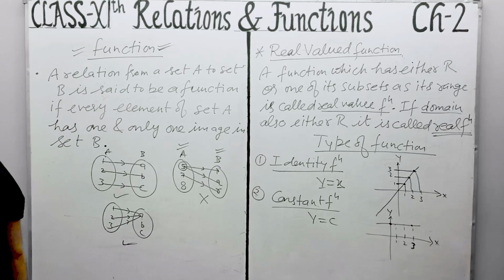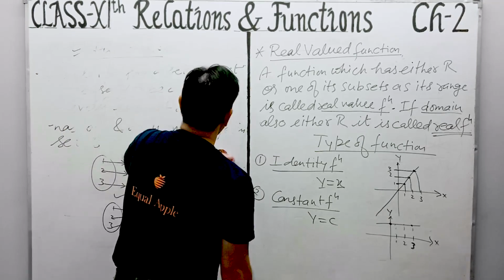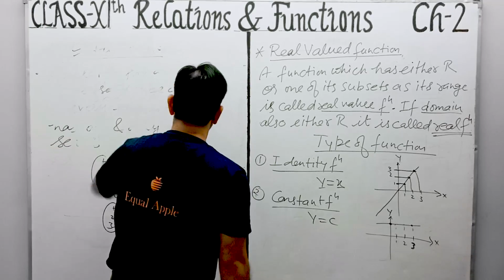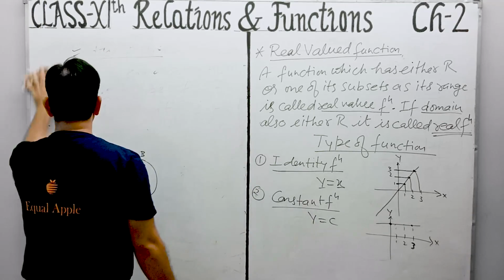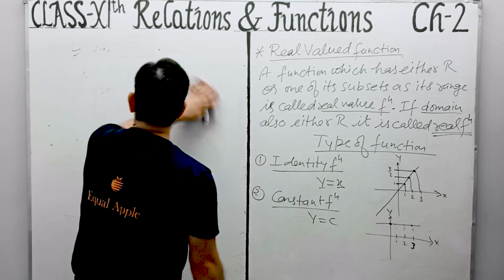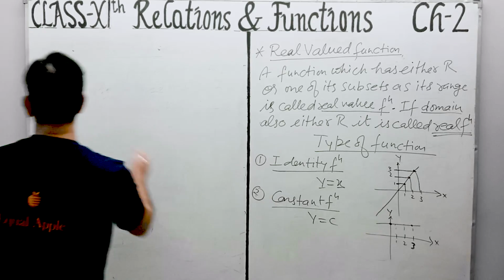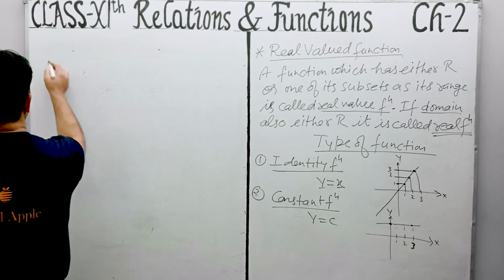Now we come to the next type of function. The next type of function is the polynomial function. You are well aware of the polynomial, right? The polynomial can be linear, quadratic, cubic.